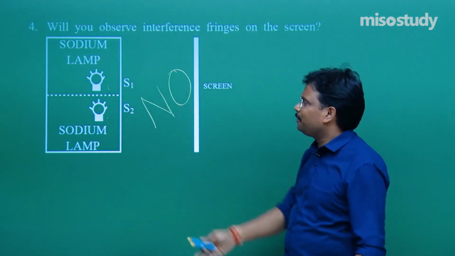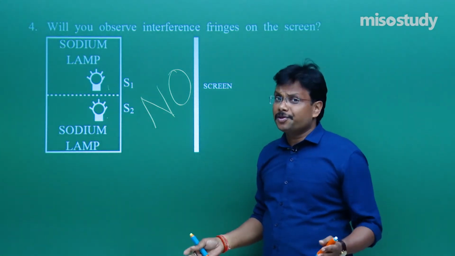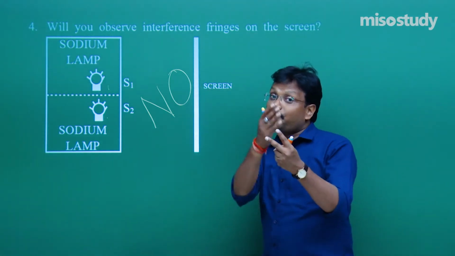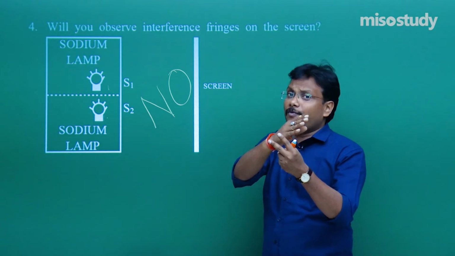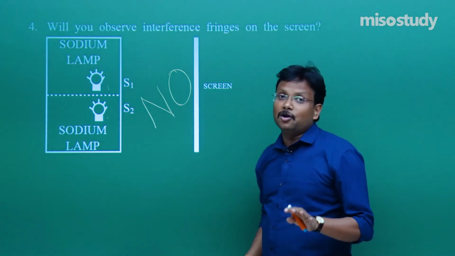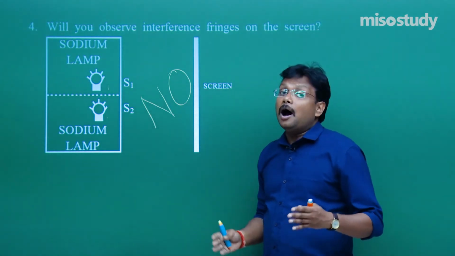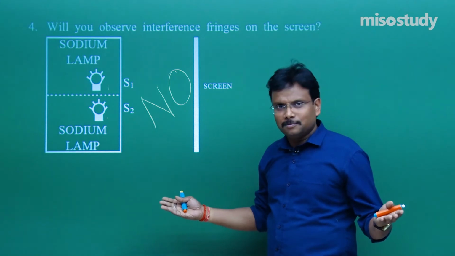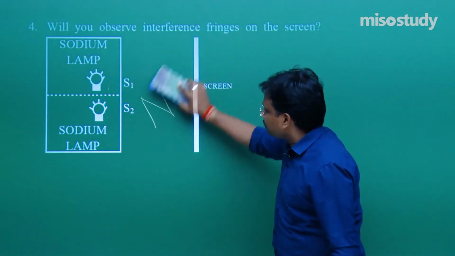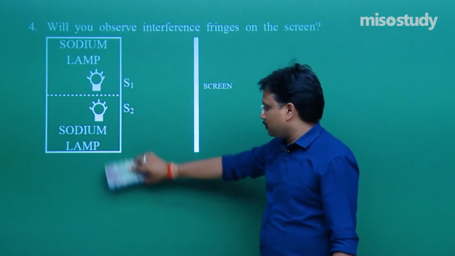So, you can explain it this way: these two sources S1 and S2 are two sources. For an interference pattern, we have to create two sources from a single source, and only then we will get the pattern, but over here it is not like that. So, we will not get any type of pattern because the sources are not coherent, and so on. Like this you can explain this particular question. So, all these questions you can say are correlated.